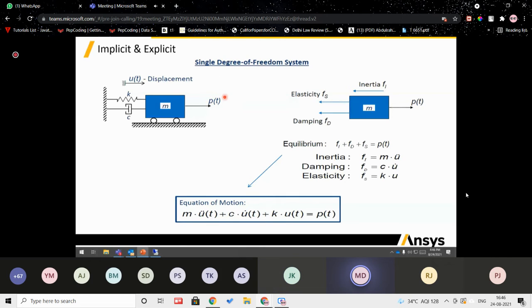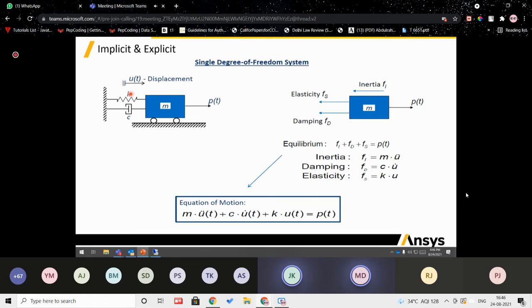So here I have a single degree of freedom system. This is a simple system. The figures look a little bit complicated, but it is a very simple equation of motion. If you see, this is MA, that is your damper force, that is your spring force, and that is your total force.